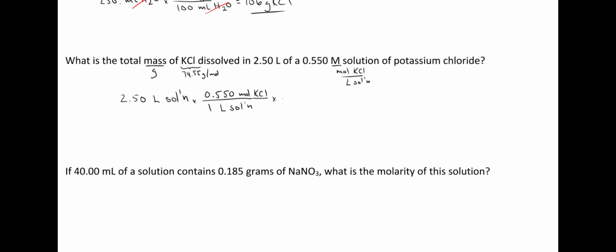We now are going to include that in the equation, putting moles of potassium chloride in the denominator, and in the numerator we put the molar mass. Carrying out this calculation in the calculator, this gives us a mass of 103 grams of potassium chloride.